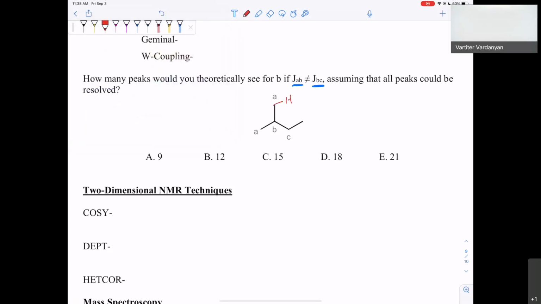So A, B, and C. We're saying that this J value, JAB, is not the same as JBC.